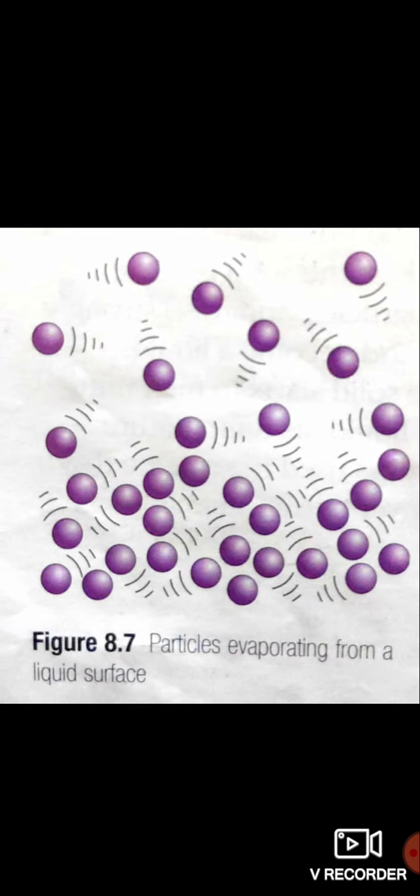High energy liquid particles near the surface move so fast that they can break through the surface and escape into the air, forming a gas. As in the figure, those particles which receive more energy can break through the surface and escape into the air, forming a gas. So this is all about the process of evaporation.